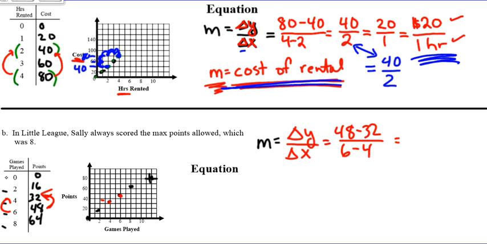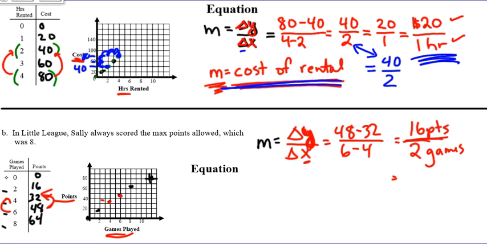Well, 48 minus 32 is 16. 6 minus 4 is 2. But again, let's consider what the 16 and the 2 represent. Our y-axis is points, so that's 16 points every, our x-axis is games played, 16 points every 2 games.